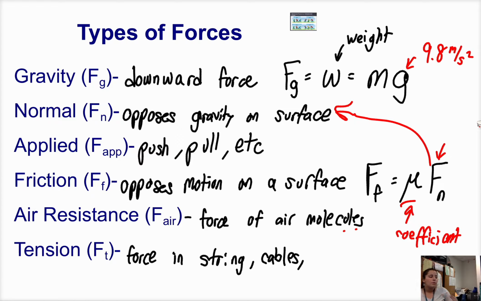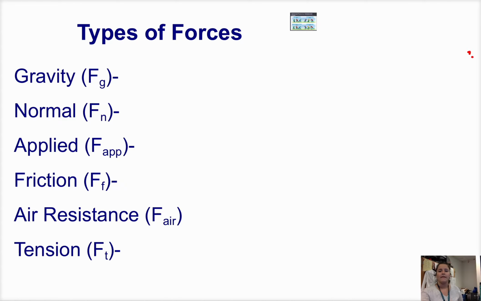How we use all of these is to determine how these forces interact with each other. The forces are balanced. So I'm going to go ahead and erase these notes real quick, and we're going to look at a tug-of-war situation.